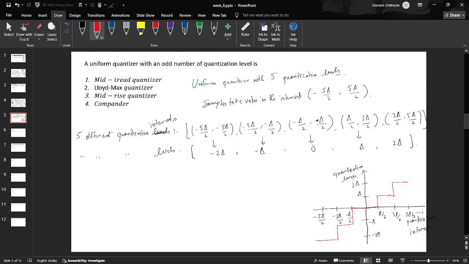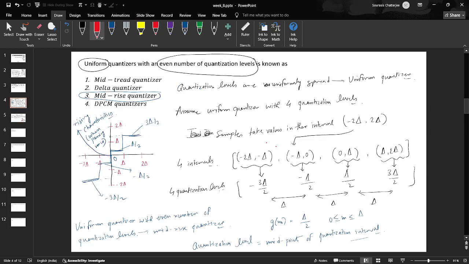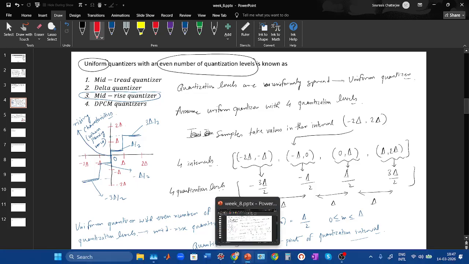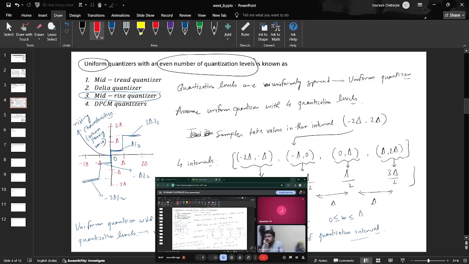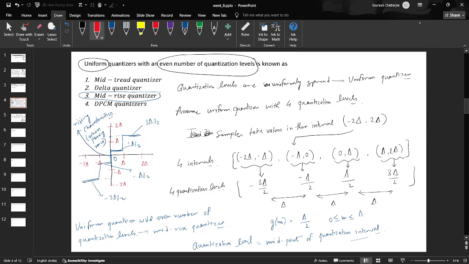So this is what the characteristics of a uniform quantizer with an odd number of quantization levels look like. Now what is the important distinction between the uniform quantizer with an even number of quantization levels and the one with an odd number? You can see here, with an even number of quantization levels, when passing through m equal to 0, the quantizer behavior has a rising characteristic, right?